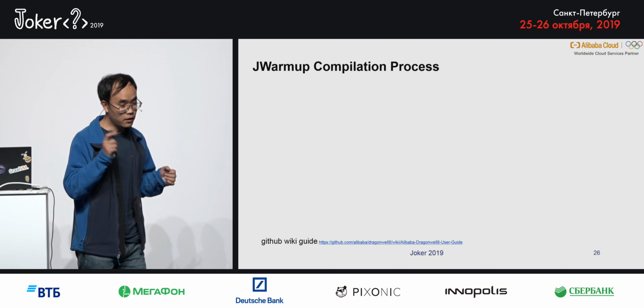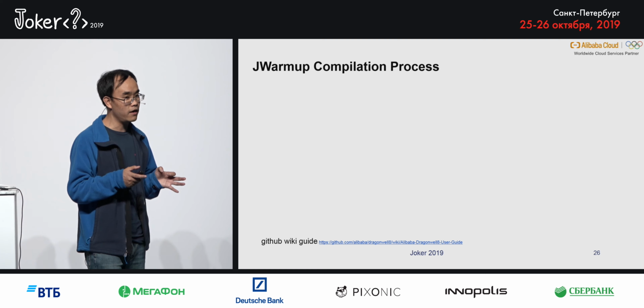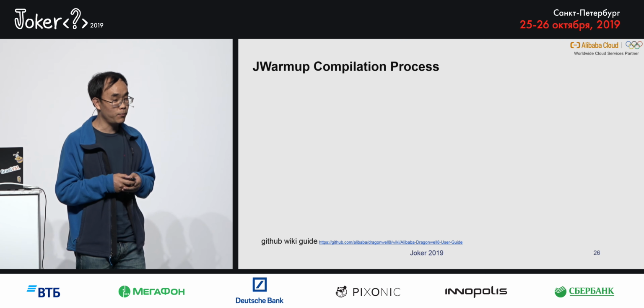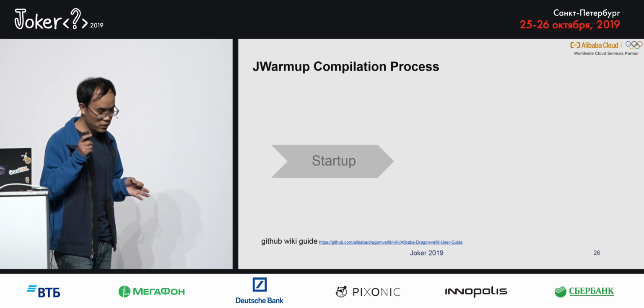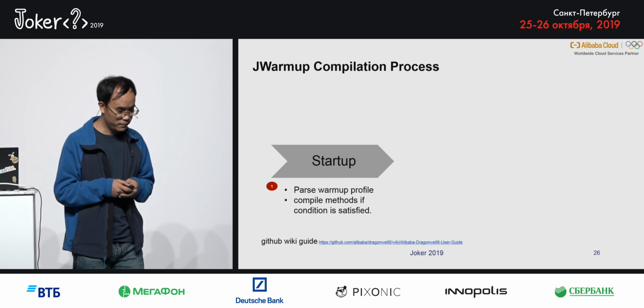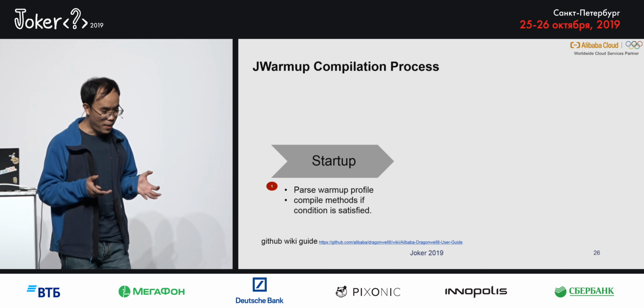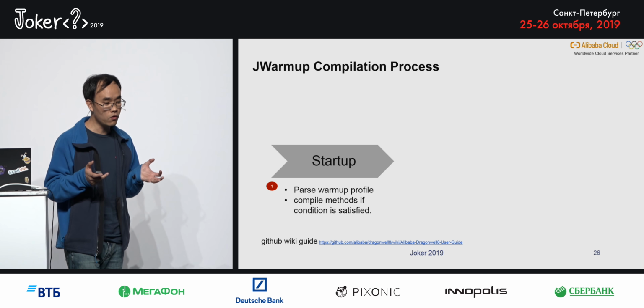So I can put all of them together, combined with the overall process of application deployment. How does it work? At startup, when the JVM starts up, it parses the warm-up profile.